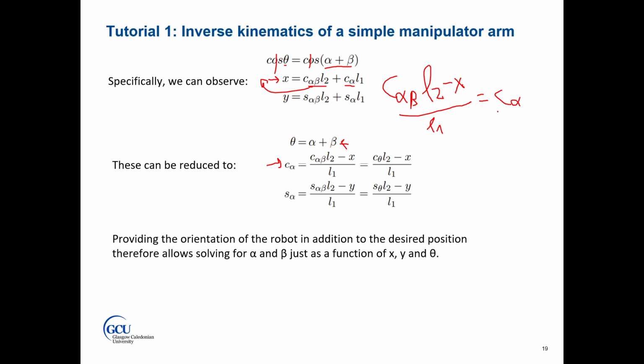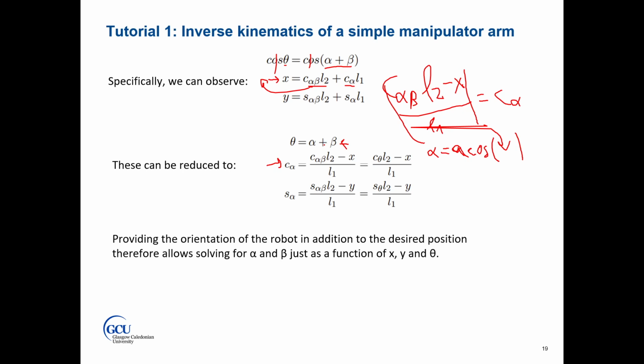And remember that if we have a cosine of alpha, its inverse operation is going to be arc cos. So then I can say that alpha is equal to arc cos of all this thing here. What is very interesting is that, as I said before, theta is equal to alpha plus beta.